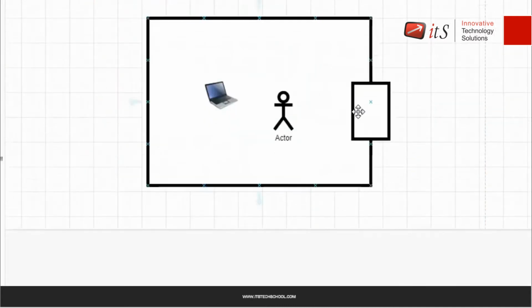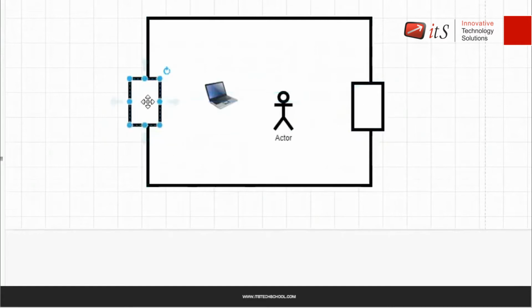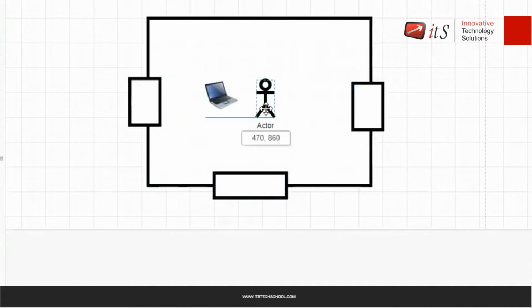Now, if this is your room, assume that you have one more gate here and one more gate over here. Now you are outside the room. You have three doors to go out, right? Let's say your front door, your back door, and your side door.